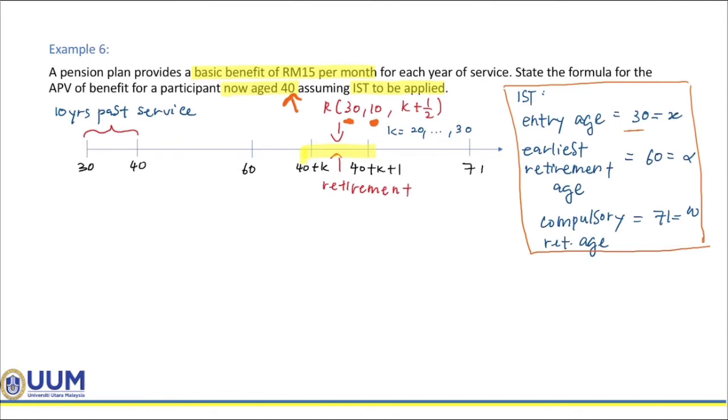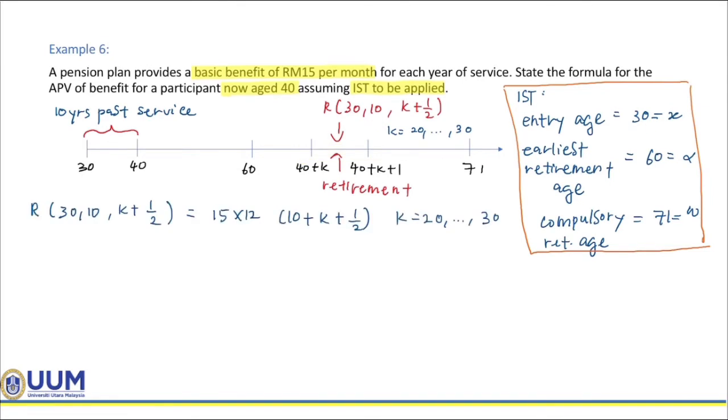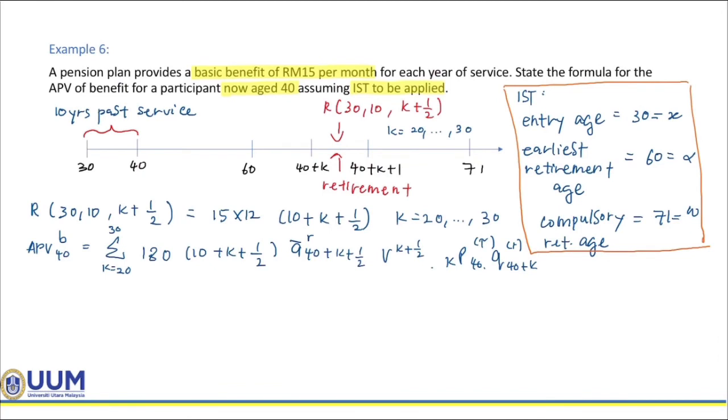So how do we state the formula? We use this one: 15 times 12, because it is 15 per month for each year, and we have 12 months per year. And then we multiply by H plus T. And the APV for this case, B stands for the benefit case.